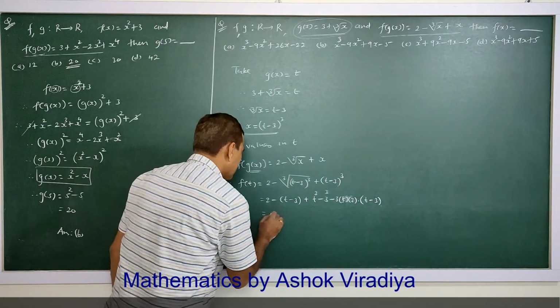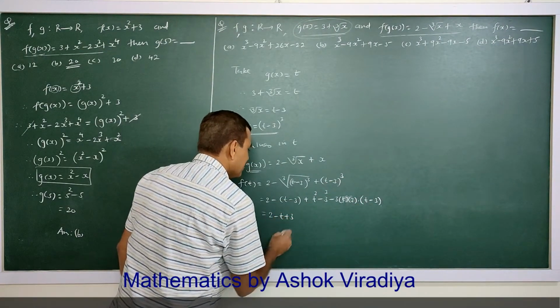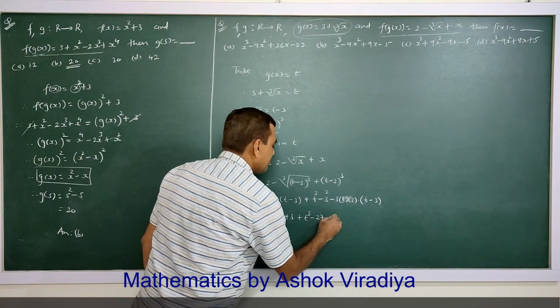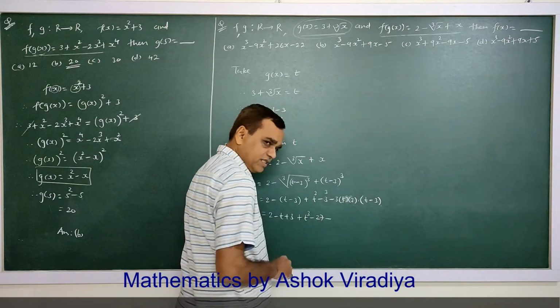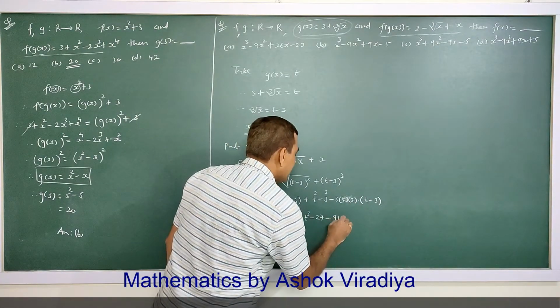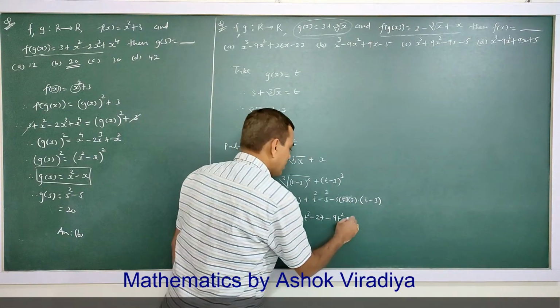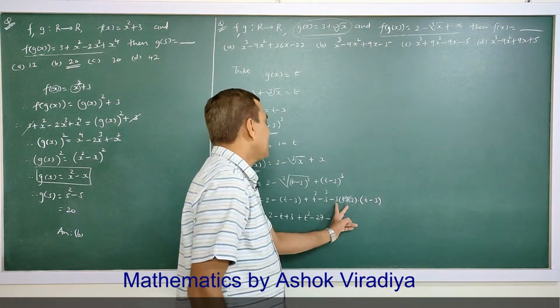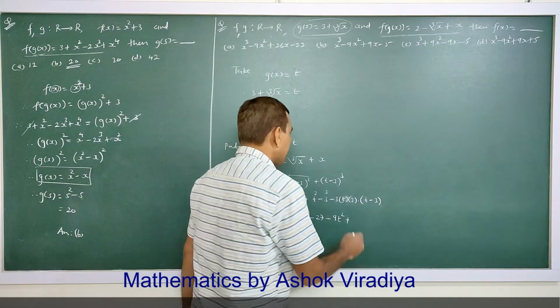That is 2 minus t plus 3 plus t cube minus 27 minus 3 into 3 into t, that is minus 9t square, plus 3 into 3 is 9, 9 into 3 is 27, 27t.